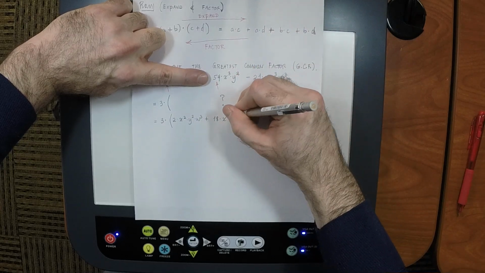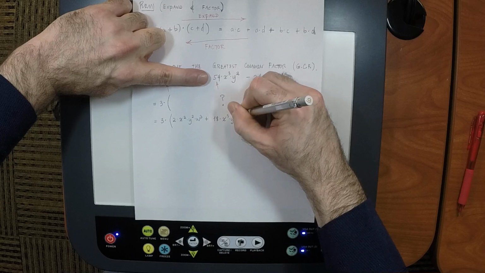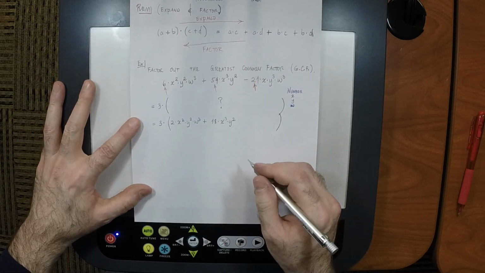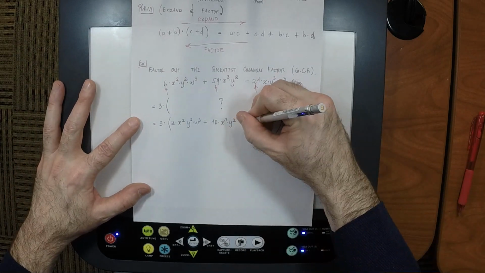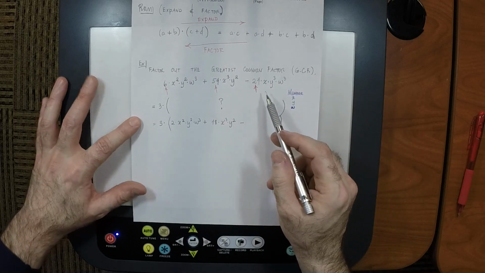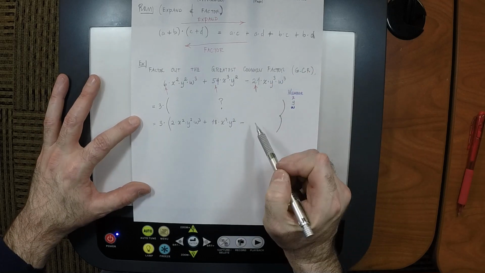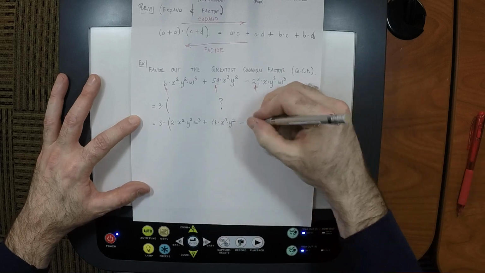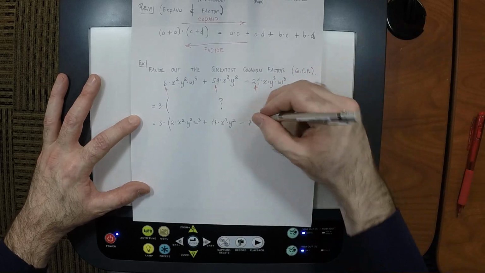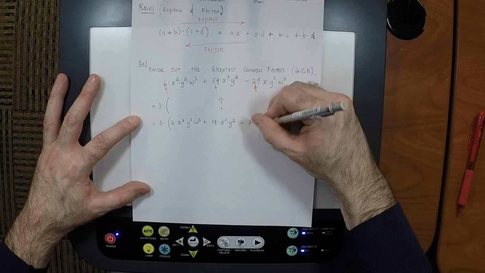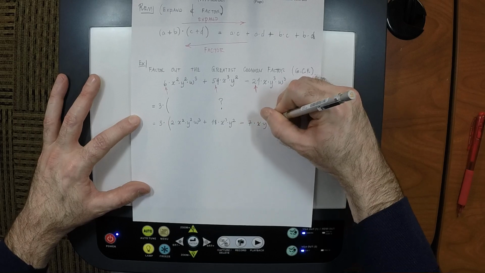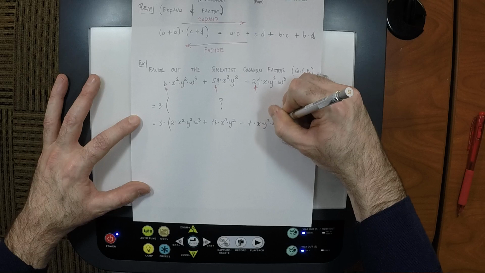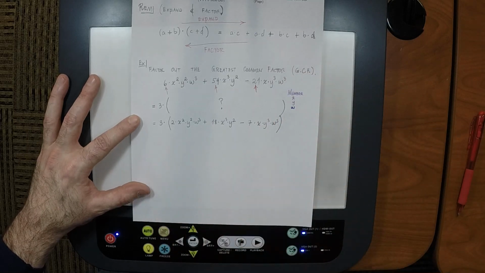So x cubed y squared. All right, and then subtract. So if we factor 3 out of that last term, what do we need to write? 7. And then the rest of that stuff, because we didn't mess with any of it. Is there any question how we got that?